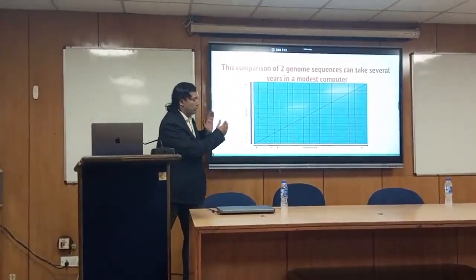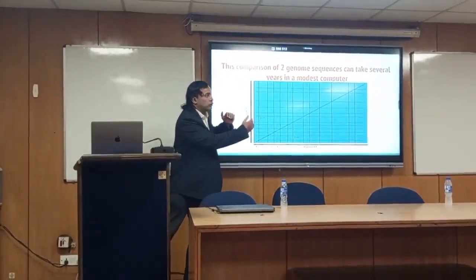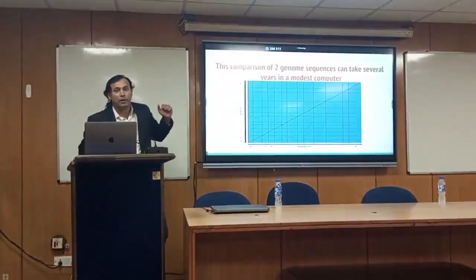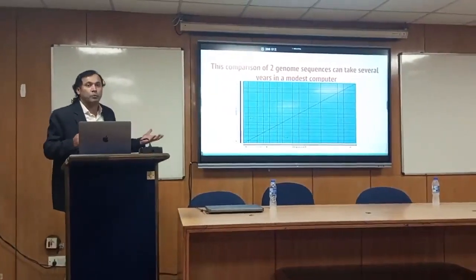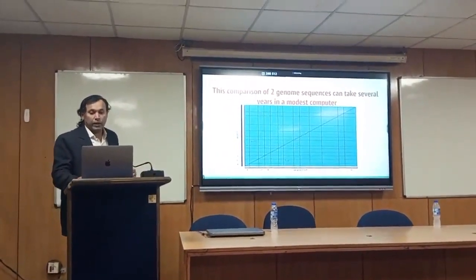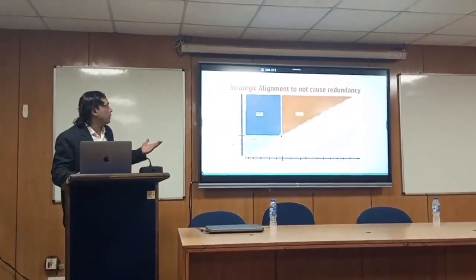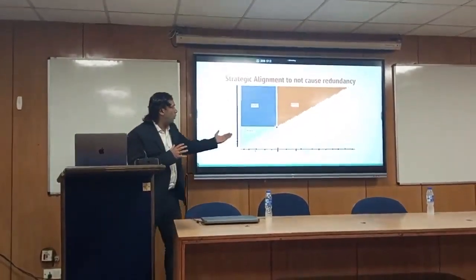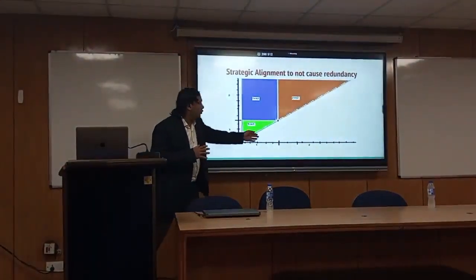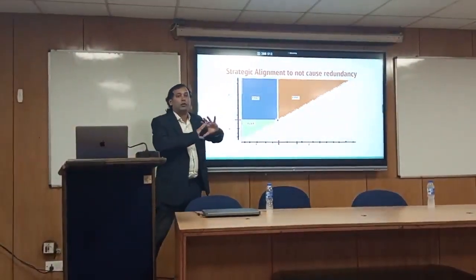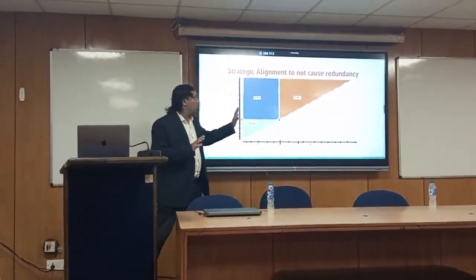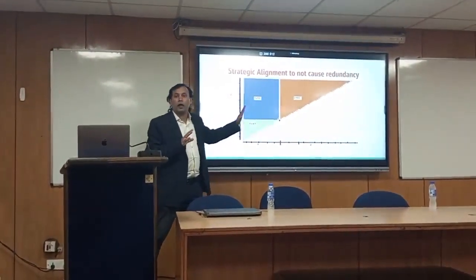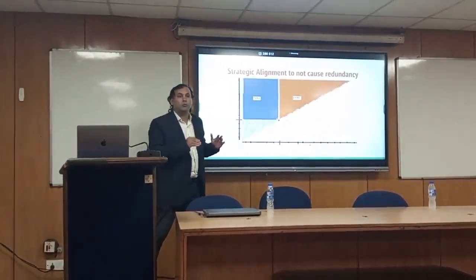For small sequences, the time taken is less, but for larger sequences, the time goes up and up, and it becomes a really computationally intensive task. And so when we want to do a 2 genome comparison, we also need to map them properly so that we don't do redundant calculations. So we don't need to calculate the whole matrix. We see where the replicas are, and we do not do a double computation.